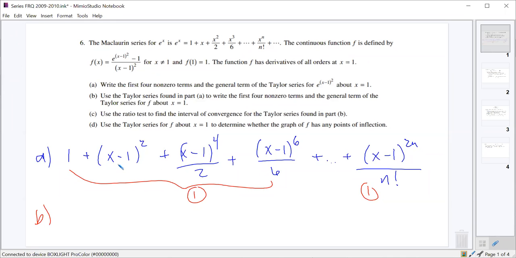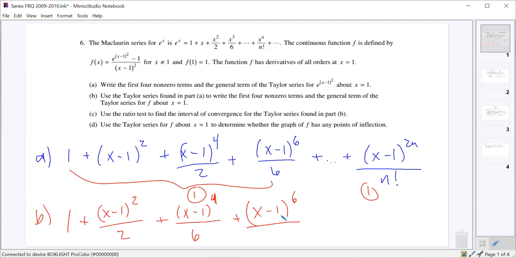So our first term should become 1, since x minus 1 to the 0 is just 1. Next one should become x minus 1 squared over 2. And then x minus 1 to the 4th over 6. And then the next one would have been x minus 1 to the 6th over 4 factorial, so that'd be 24.